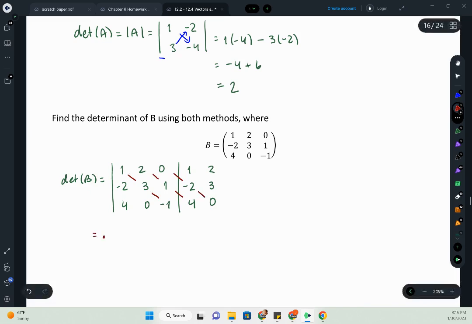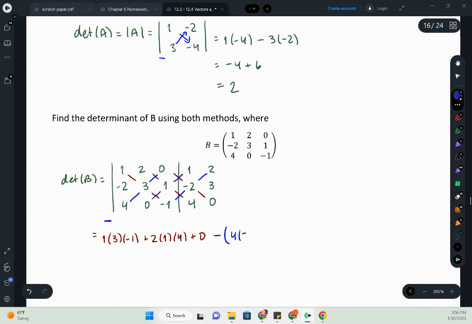Okay. I have my 3 diagonal products that need to occur starting from the top left. Those will be 1 times 3 times -1 plus 2 times 1 times 4 plus, ooh, looks like that third one gives me a 0. Take full advantage of that. Now I have minus all the next three products. So I'm starting at the bottom left and doing a diagonal product and then moving over and then moving over.